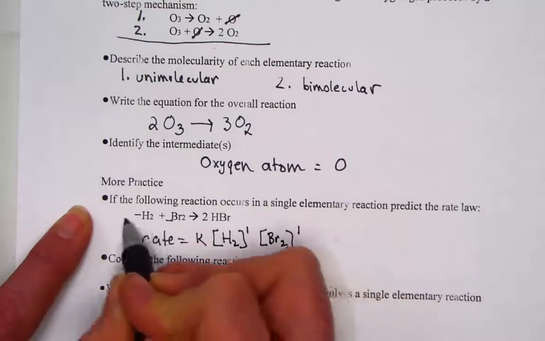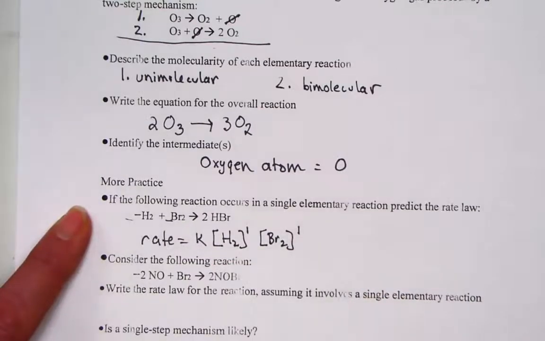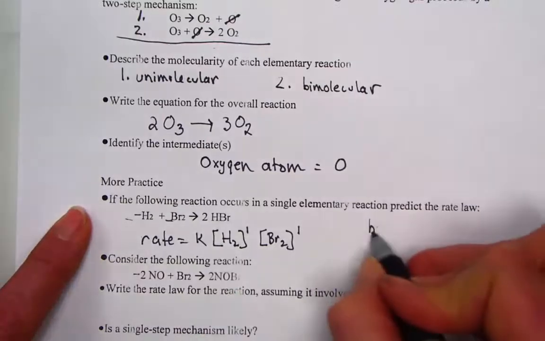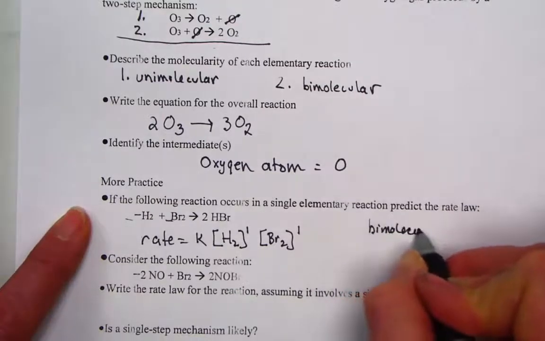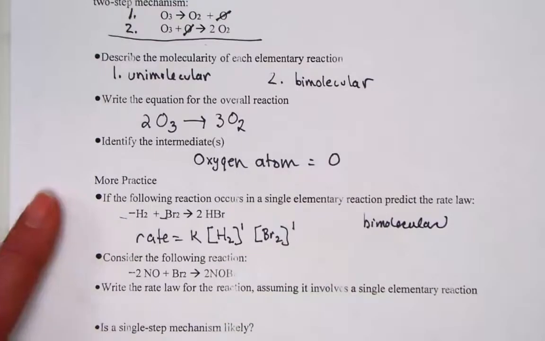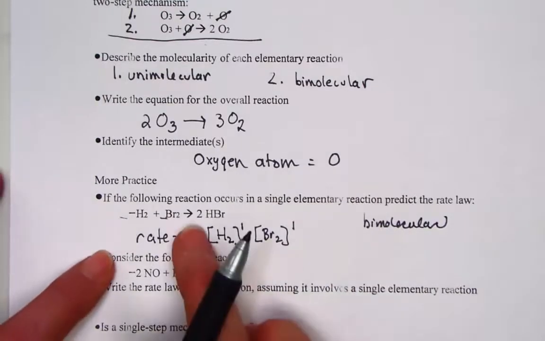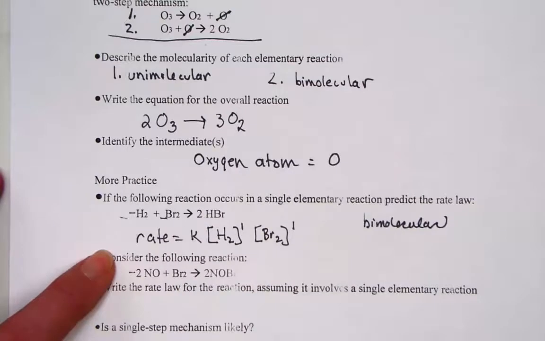Those coefficients are both 1s. This seems like a very plausible reaction; a bimolecular step is certainly something I would consider plausible for a mechanism. So this equation would make sense to be called an elementary reaction.